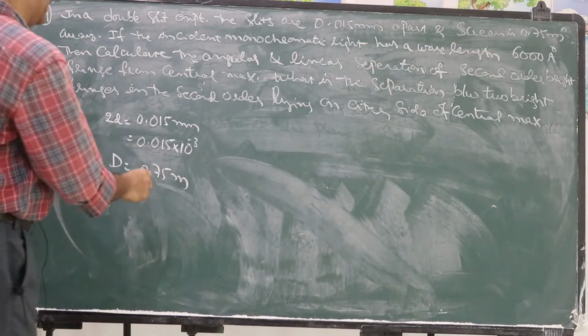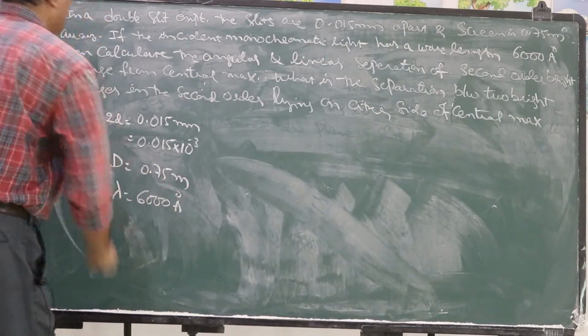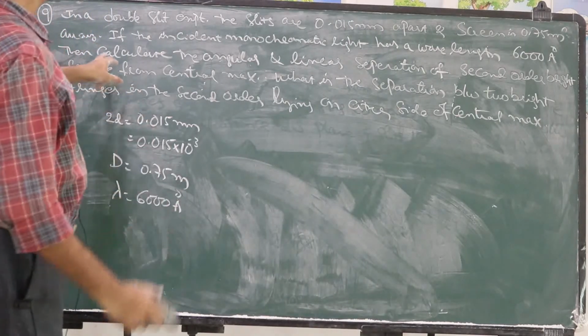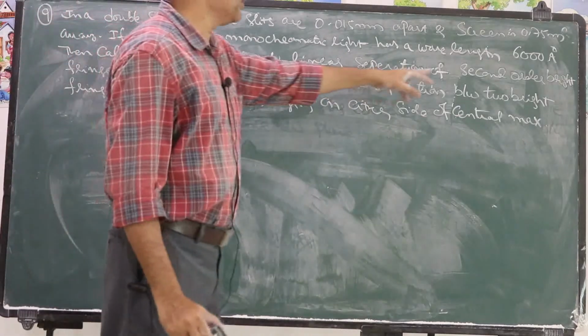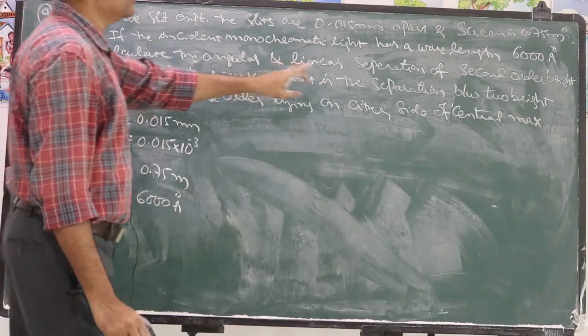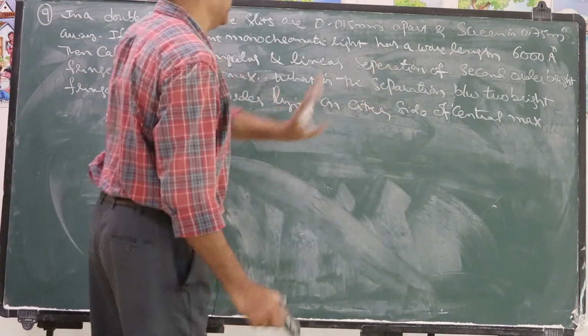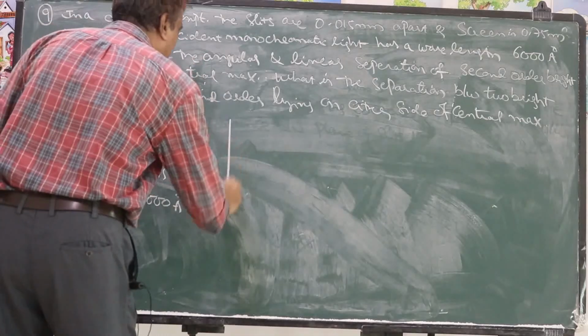Now wavelength of light lambda is 6000 Armstrong. These are the given conditions. Now calculate the angular and linear separation of second order bright fringe from central maximum. What is the separation between the two bright fringes in the second order lying on either side of the central maximum? That means actually like this.